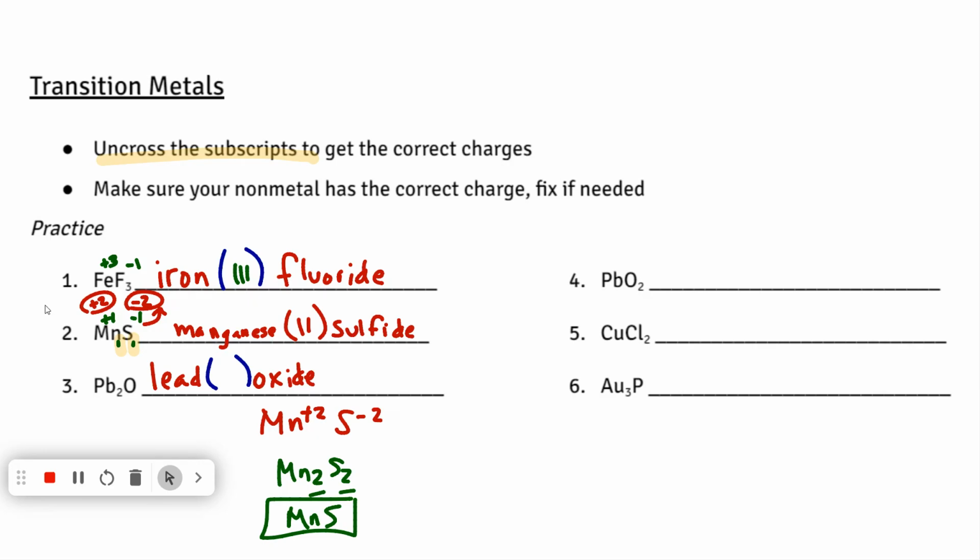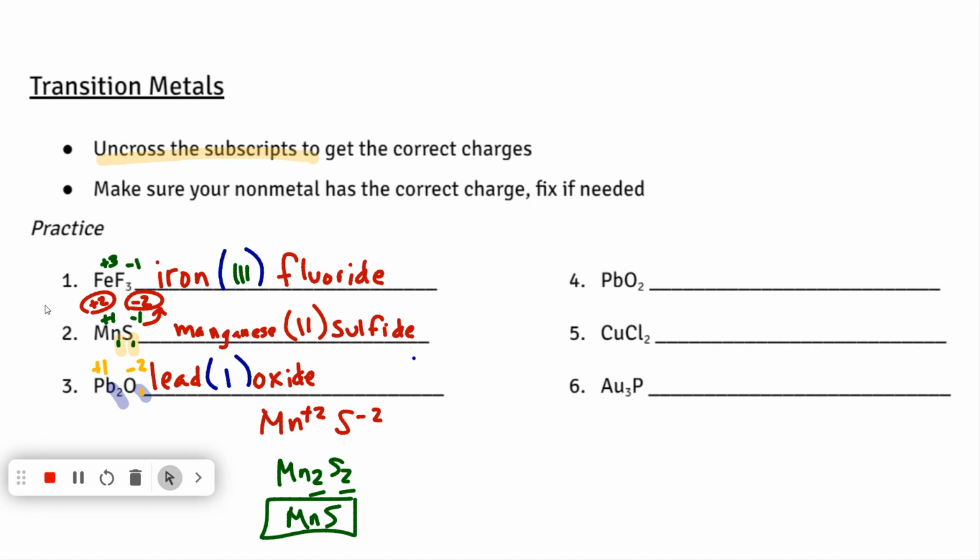If we look at these subscripts here, try and uncross them, then the 2 would be coming up and over onto our oxygen, be a -2, and the O's 1, which has to be a 1 there, would be going to our lead. So lead is a +1 if and only if oxygen is a -2. And it is. So that is going to be lead 1 oxide.